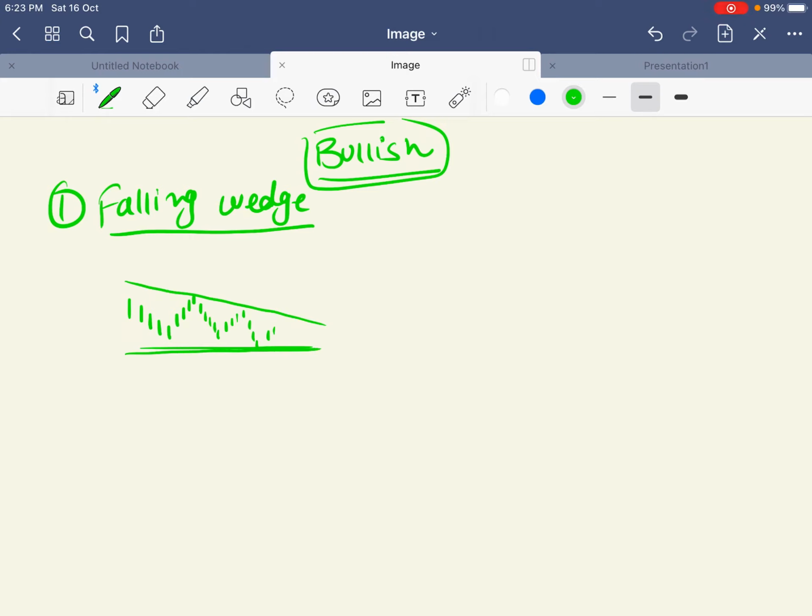This is the rough drawing. The first thing you have to keep in mind is that the trend enters this type of zone from a falling trend, or you can say from a bearish trend. As you can see, from this direction the trend enters.